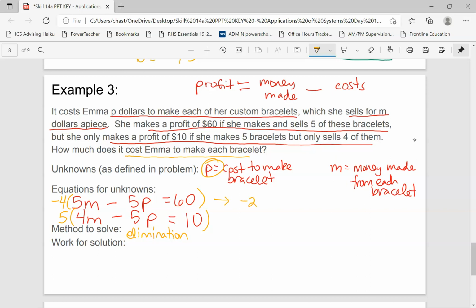So let's see, I get -20M plus 20P equals -240. Bottom equation, I get +20M minus 25P, and that's going to give me 50. So M's are gone. -5P equals, I think that's going to be -190.